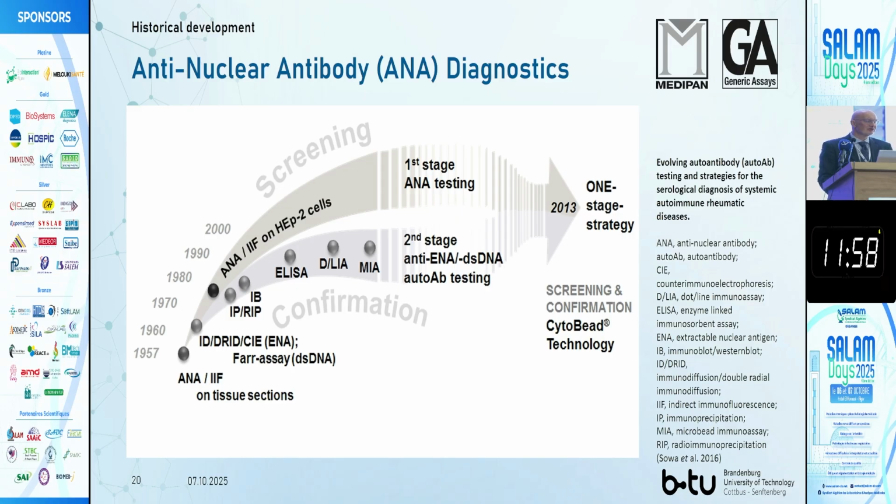I already told you at the beginning of my talk that everything started in the late 50s of the last century with the detection of anti-nuclear antibodies by tissue-based indirect immunofluorescence. And from that time on, we have been seeing a very fierce development of new methods.